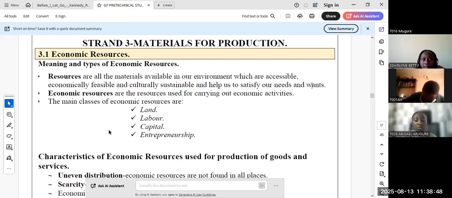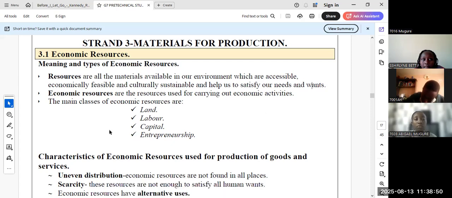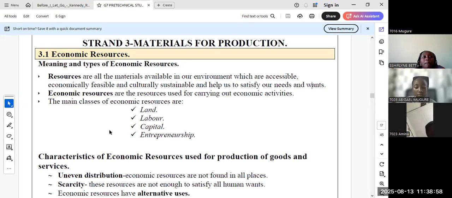Ari, what are economic resources? Economic resources are the resources used for carrying out economic activities. Great, perfect. Economic resources, from the word economically, are resources used to carry out economic activities. Abigail Mgure, what are some of the examples of classes of economic resources in our environment?